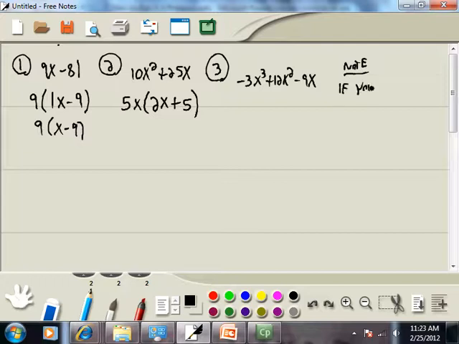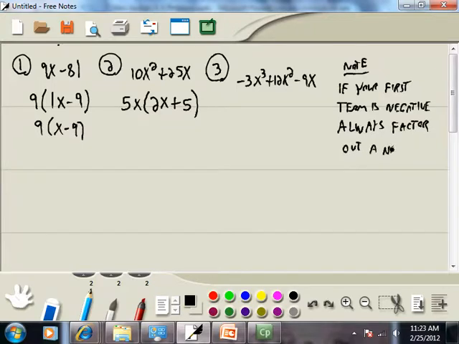It says if your first term is negative, always factor out a negative.